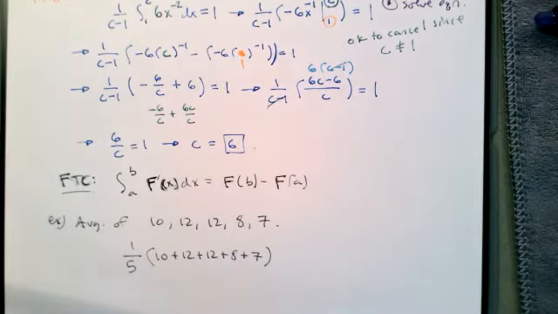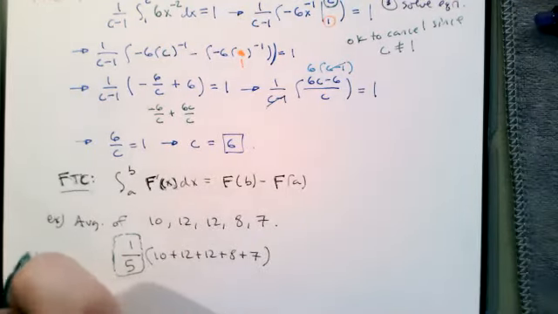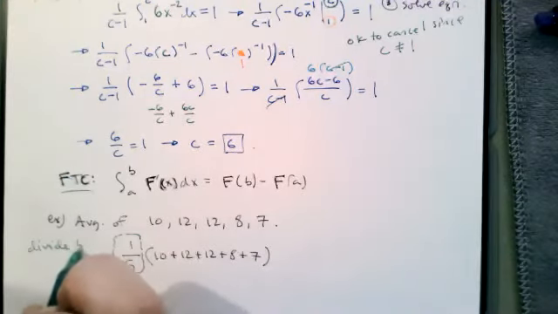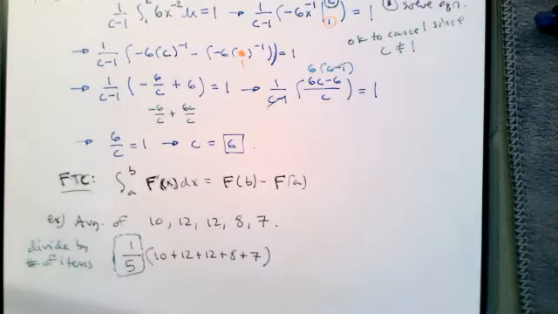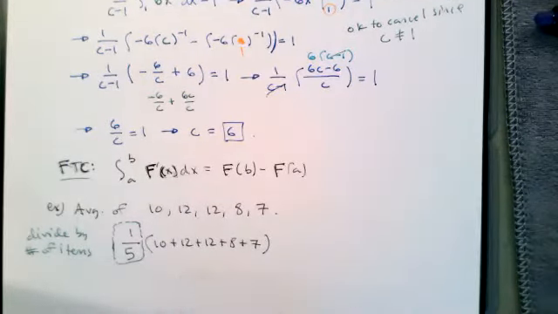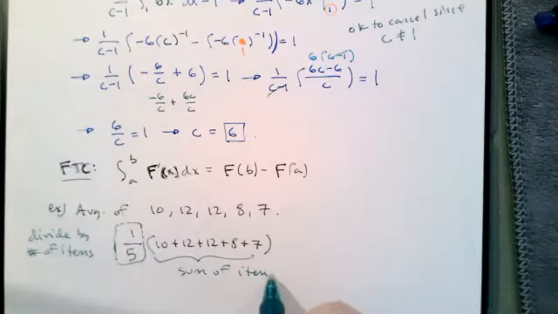In a continuous sum, this becomes a definite integral, and the 1 over 5 becomes divide by the length of the interval. In a discrete average, it's divide by the number of items. We take the sum of the items and divide by the number of items.